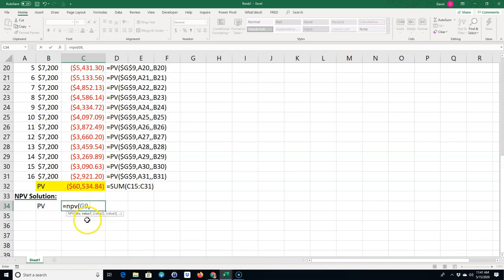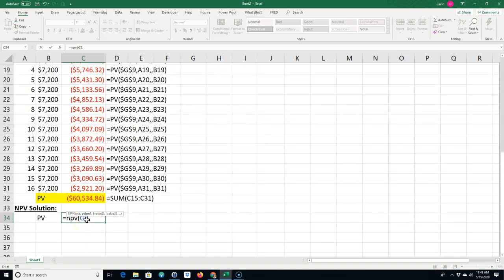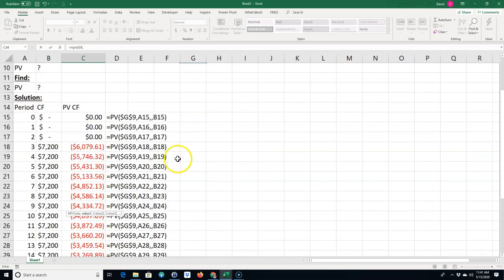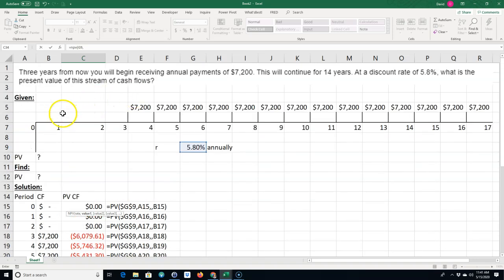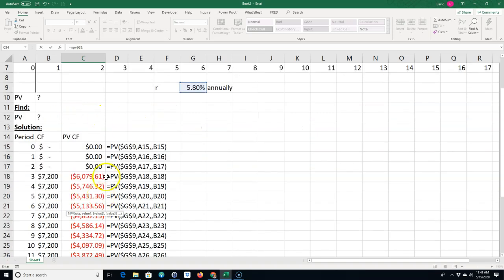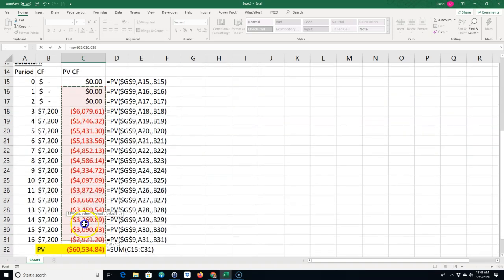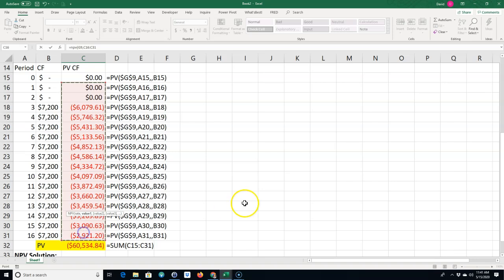So that's the trick with using NPV. It doesn't assume you're starting at 0, it assumes you're starting at the end of period 1. There's $0 there, but it assumes that. So there's only 2 0 cash flows, and then it starts. So you're going to start here. So NPV always assumes you start with period 1.